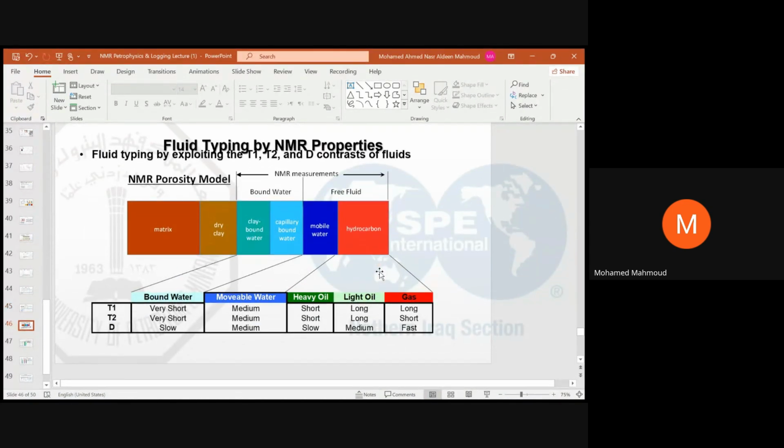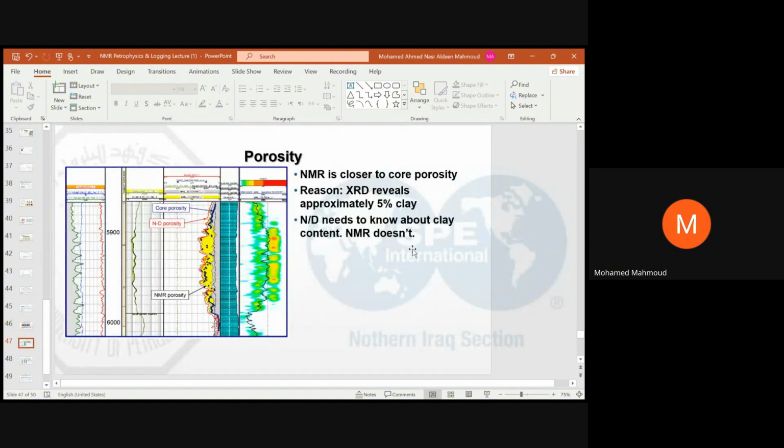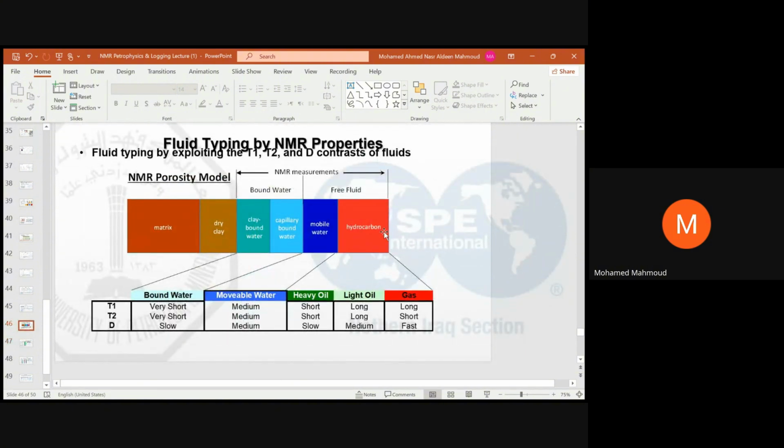From this, we can get what we call the fluid typing, and we can differentiate between, for example, if you have oil, water, heavy oil, or different fluids. So the mobile water or the water in general will have different responses for example, T1, T2, and diffusion.